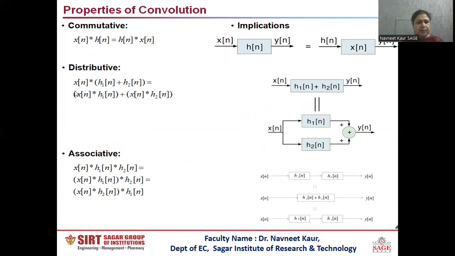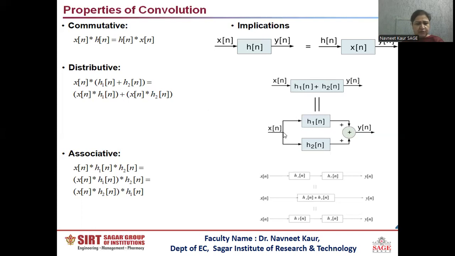Now, distributive property says that Xn convolved with the sum of H1 and H2 will be the same as Xn convolved with H1 plus Xn convolved with H2. If I represent this property by the block diagram, here I can see Xn is the input, H1 plus H2n is the unit impulse of the system. Now it is equal to Xn convolved with H1n.